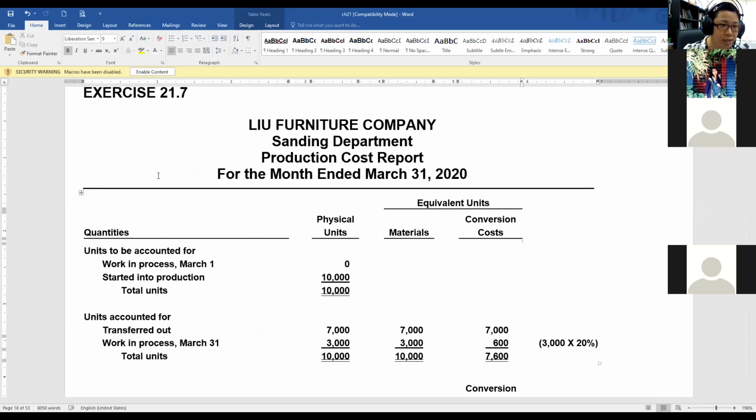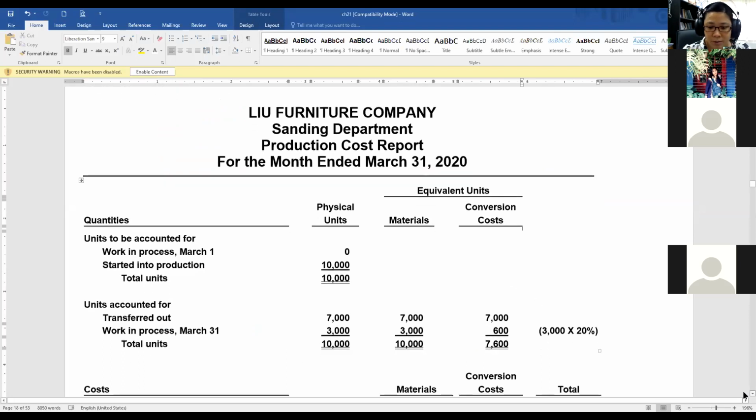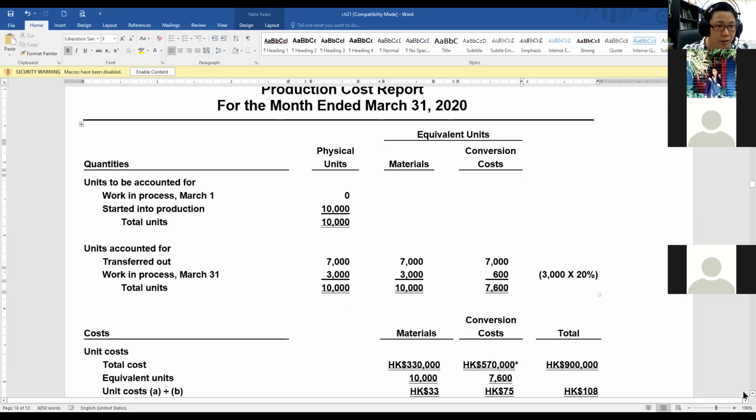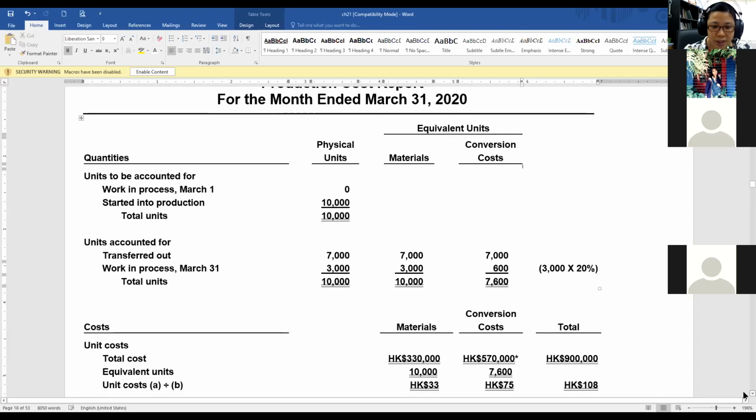$33 and 7.5. So it's 33, not 3.3, yeah? 33 and 75. Okay. How did we get that?